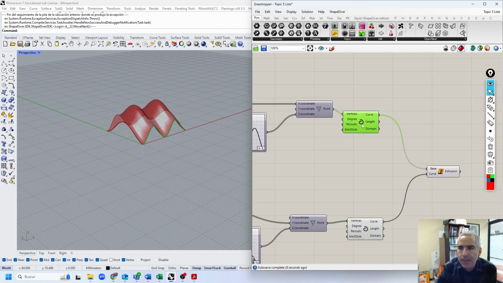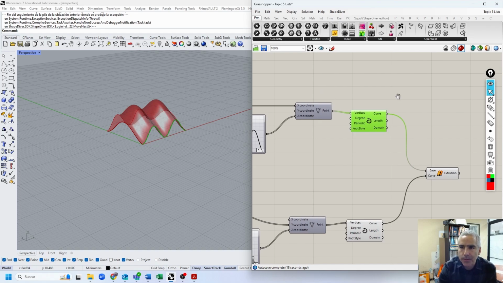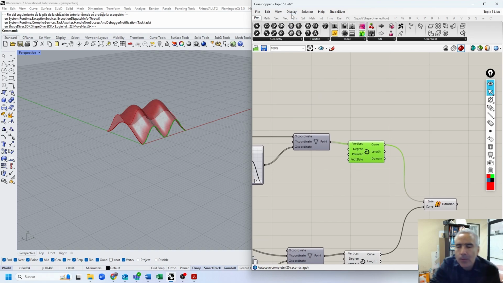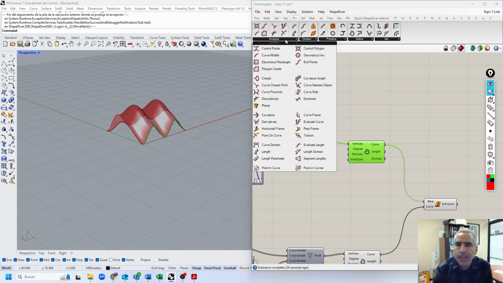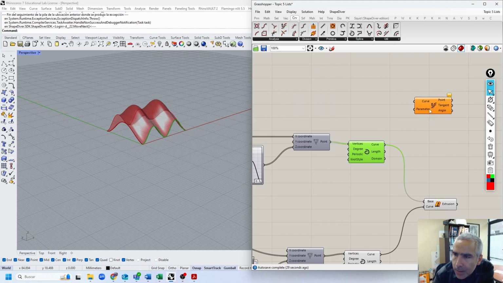So the first thing we're going to look at is how to analyze curves and how to get different geometries out of curves. If I go to curve and go to analysis, I can go to evaluate curve.